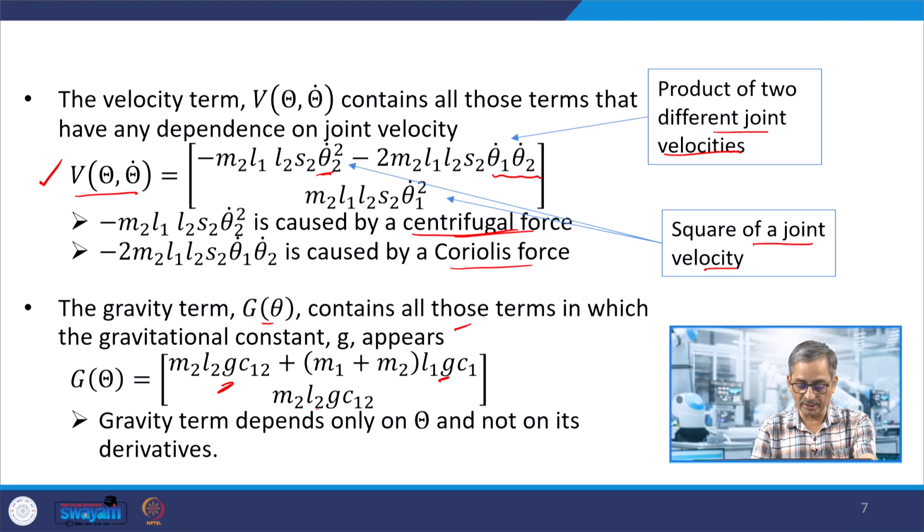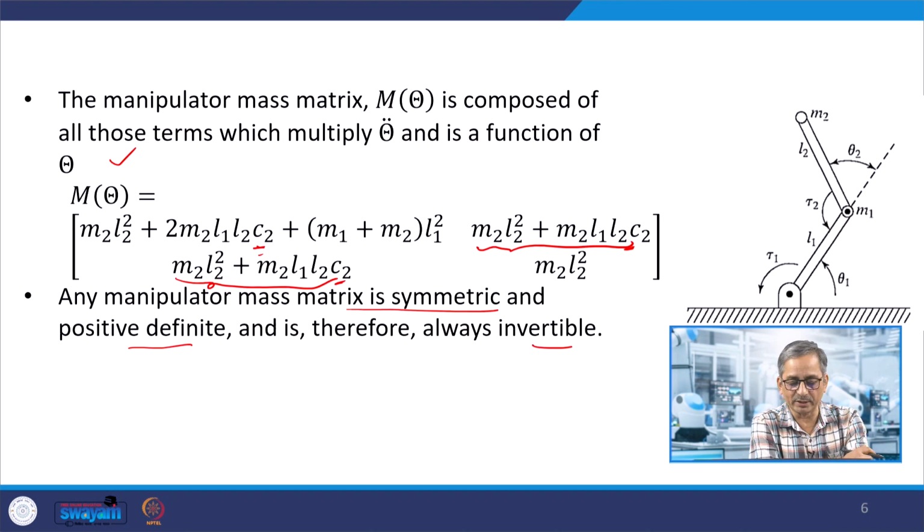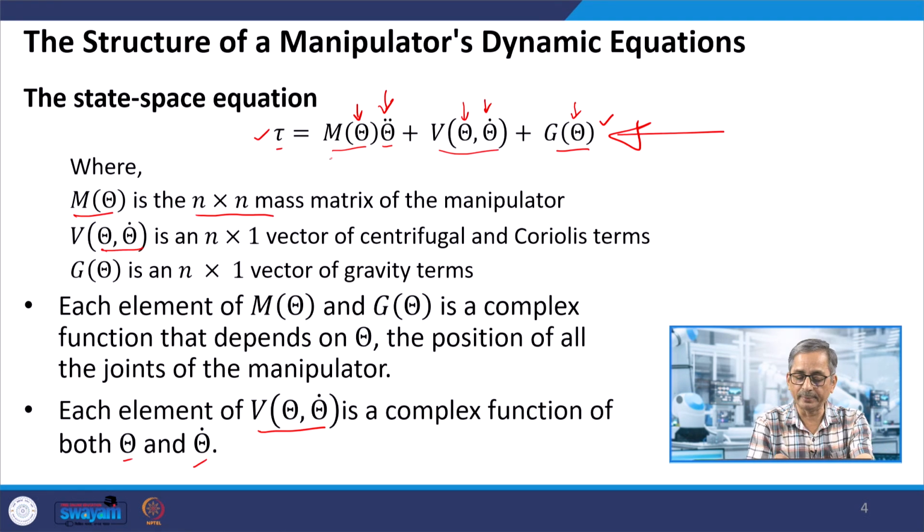So, you have g here, and you see that you have the theta coming over here, that is cos theta 1 here, cos theta 1 plus theta 2, which means that this term depends on theta and not on its derivative. Okay, so previous form of equation which we have seen over here, here you see this mass matrix is function of theta, gravity terms are also function of theta, but this centrifugal and Coriolis force term, they are function of both theta and theta derivative, okay.